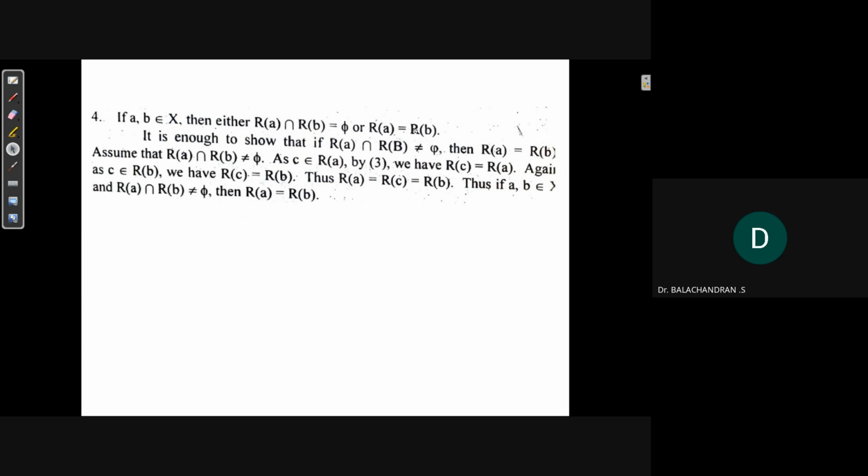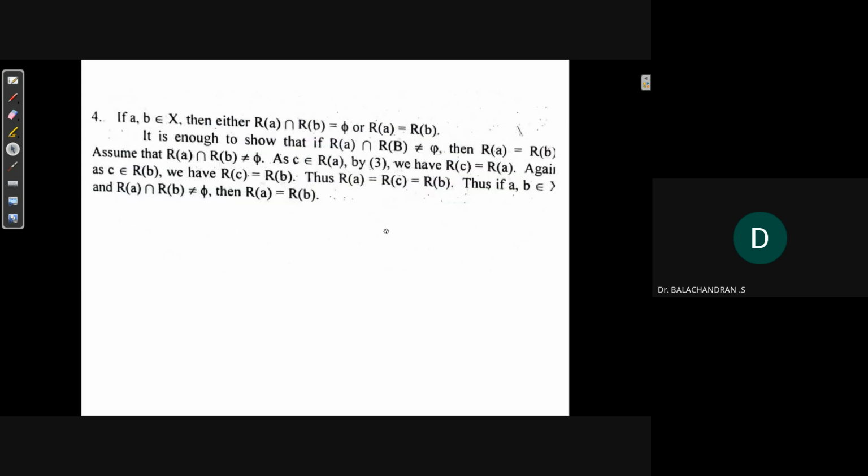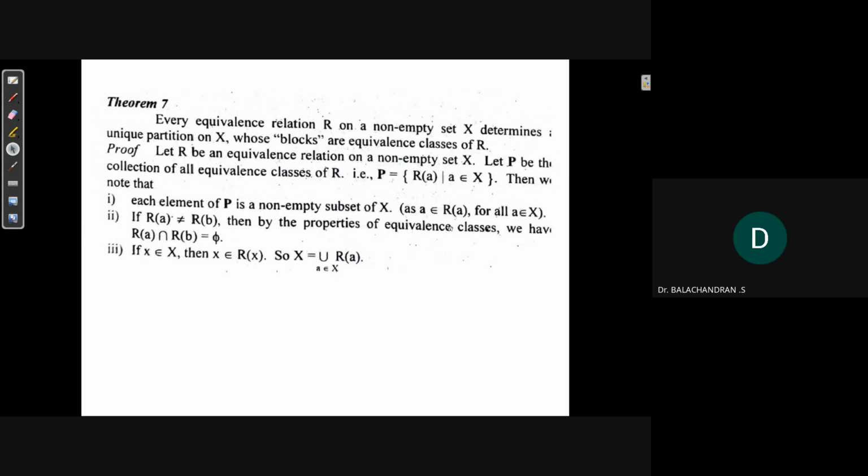Similarly, you can assume this is not true, then you can prove this is also true. So if R of A is not equal to R of B, then by the last property, property number 4, we have R of A intersection R of B should be empty.